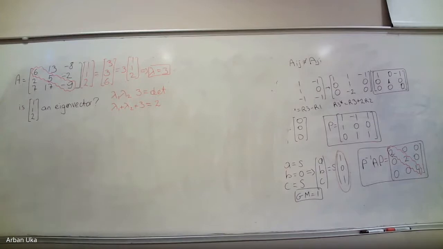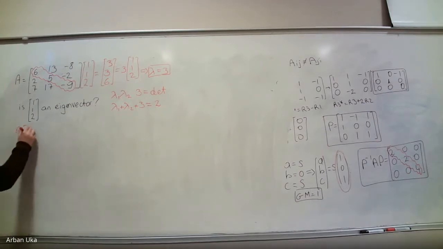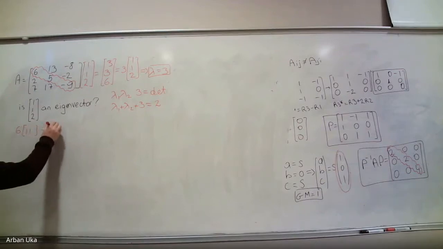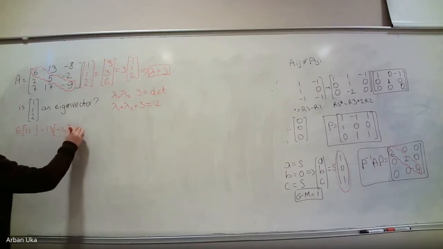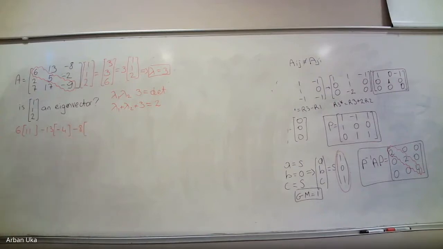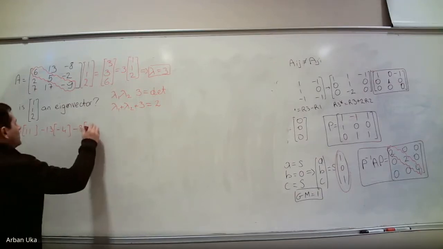Okay, and what is the determinant? Can somebody calculate the determinant? Maybe you are faster at home. 6 times minus 45 plus 34, this is 11. 11 minus 13 times minus 18 plus 14 minus 4 minus 8 times 34. 34 minus 35 minus 1.